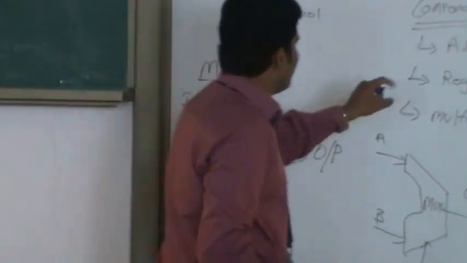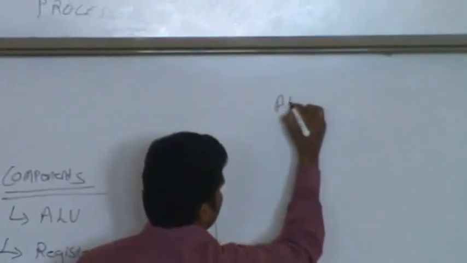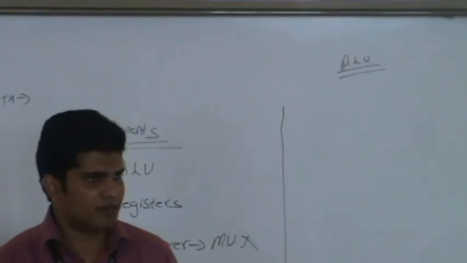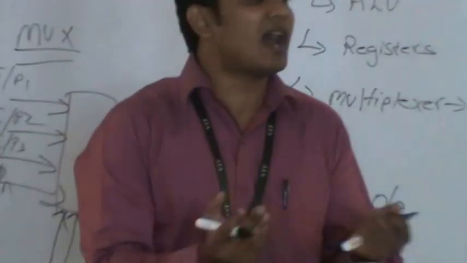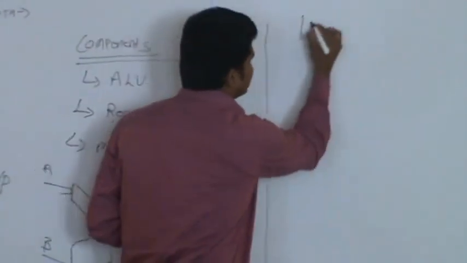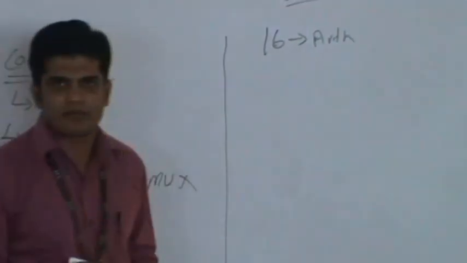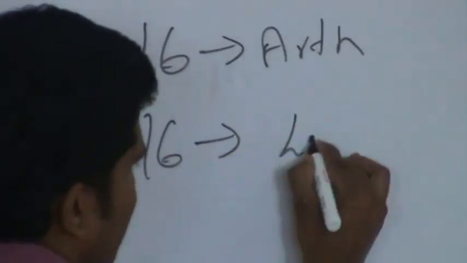The next one we will be seeing is the ALU, arithmetic and logical unit. As we know, the ALU is used to perform different arithmetic and logical operations.